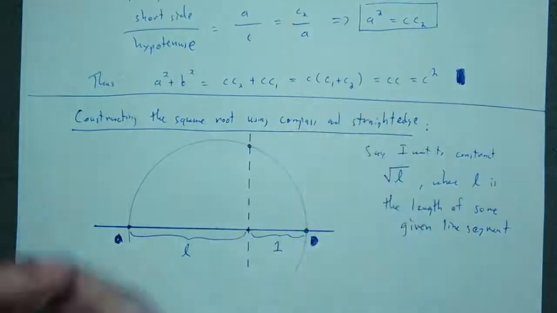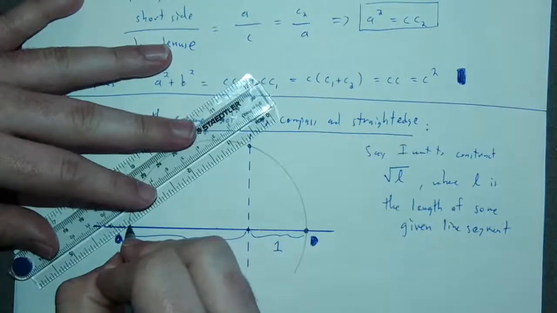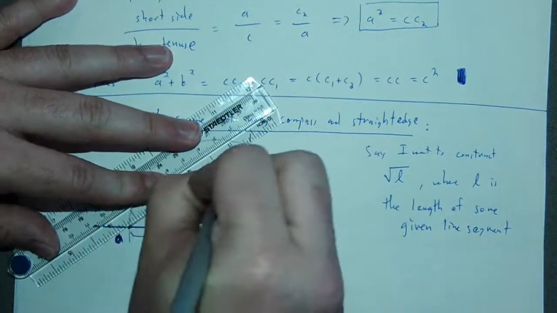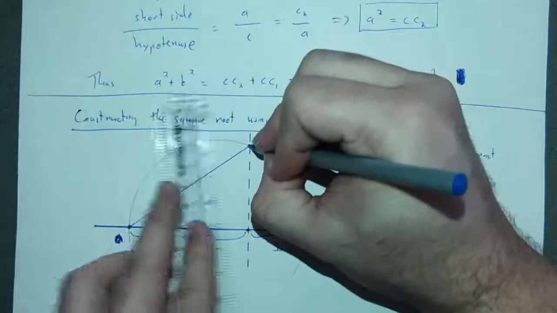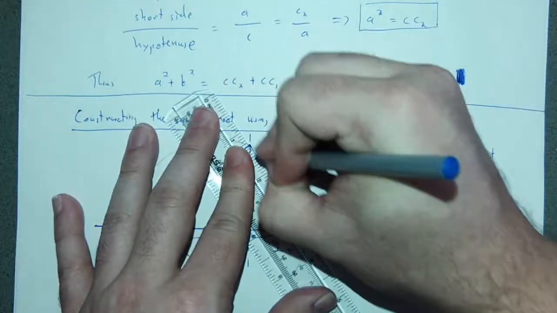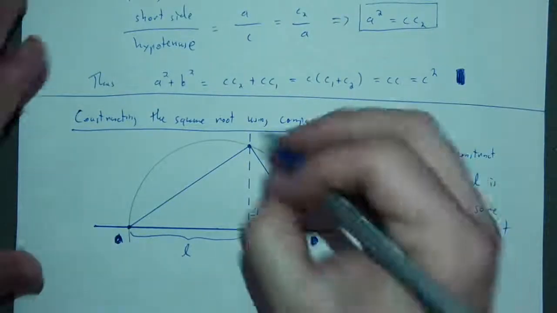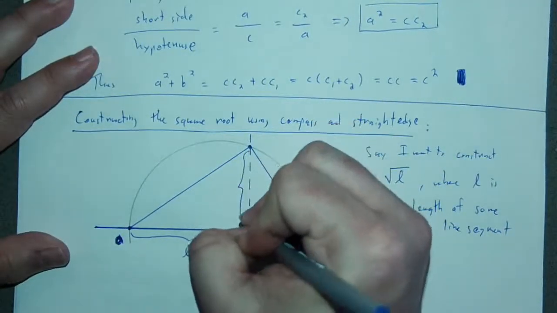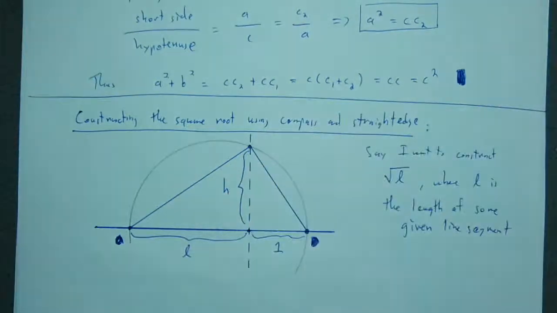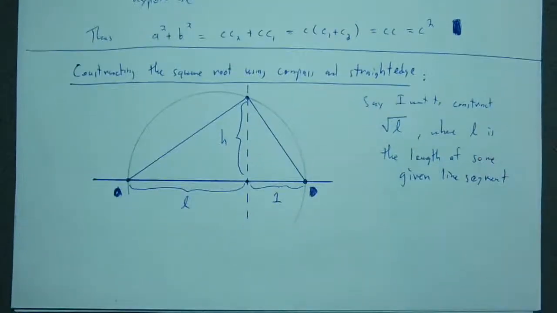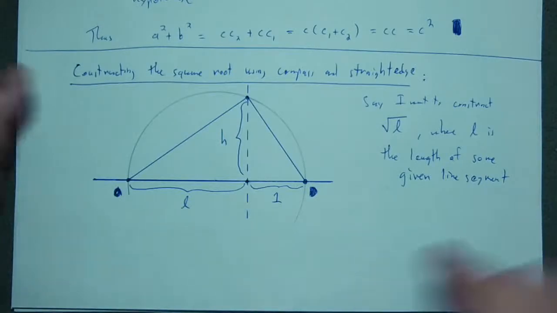If I draw in this triangle here, of course this is a right triangle by that theorem I mentioned at the beginning of class. Okay, and this length is h, and in this construction, this h is the square root of L.